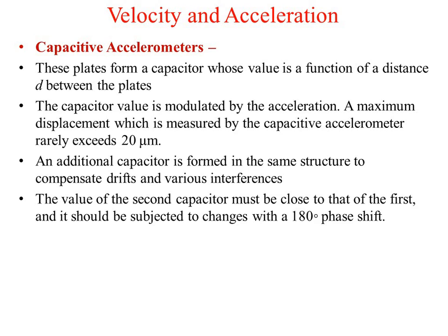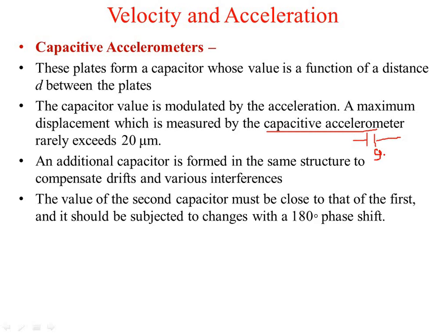Now the second capacitor should be subjected to a 180-degree phase shift. Let us consider that capacitor 1 is your capacitive accelerometer, which is producing a certain phase shift because of these interferences.